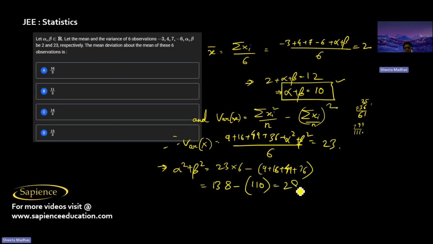So this will be equal to 28. So alpha square plus beta square is 28, and alpha plus beta whole square equals alpha square plus beta square plus 2 alpha beta.